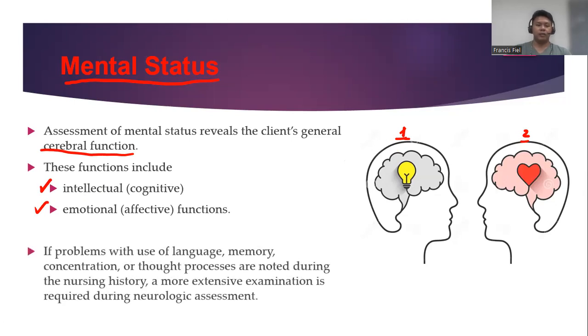All right? So if problems with the language, memory, concentration, or thought process are noted during the nursing history, a more extensive examination is required during the neurologic assessment. Like I said, no, if nakitaan nyo na may problema yung patient in terms of language, memory, concentration, and thought process during your history taking, so therefore, you know that the language, memory, concentration, and thought process is being done by the brain, di ba?